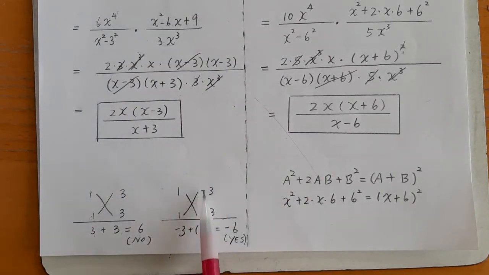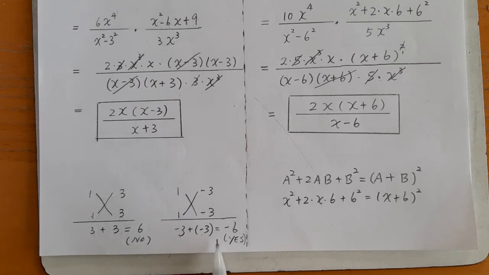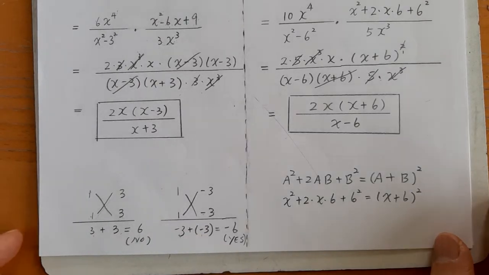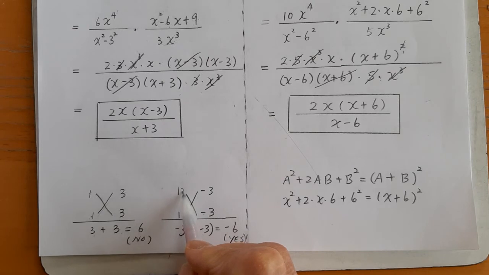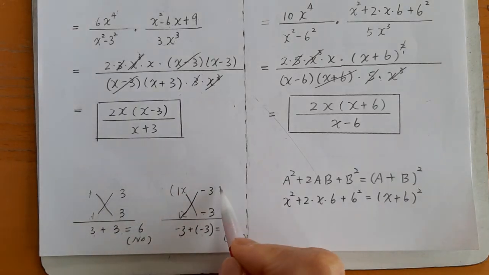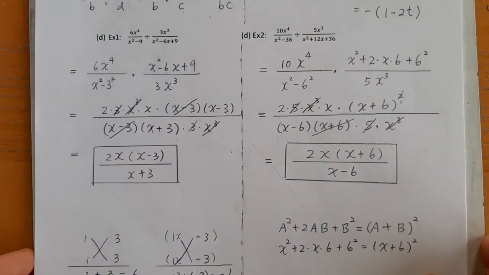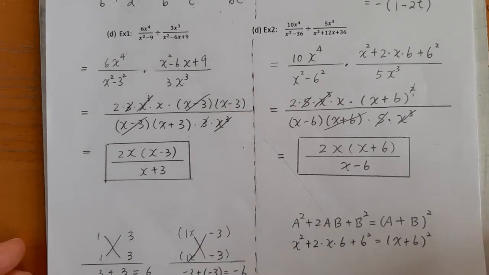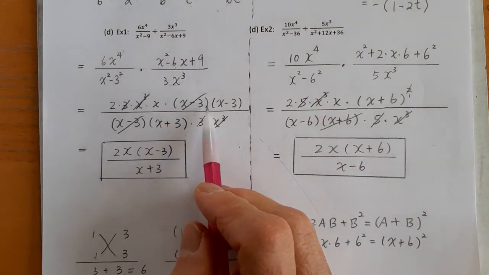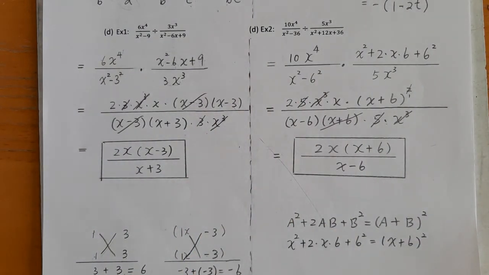And then the cross multiplication gets negative 3, add negative 3, and the sum is negative 6. And then attach the x, because x squared is x times x, and put the parentheses. So you get x minus 3 times x minus 3, which is x minus 3 quantity squared.